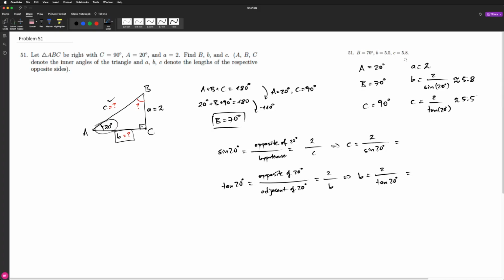The way I named my sides, C, we found C first. B is 5.5, and C, being the hypotenuse, is the longer side. Okay. All right, now it's correct.